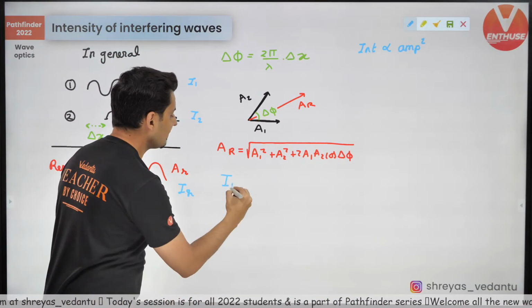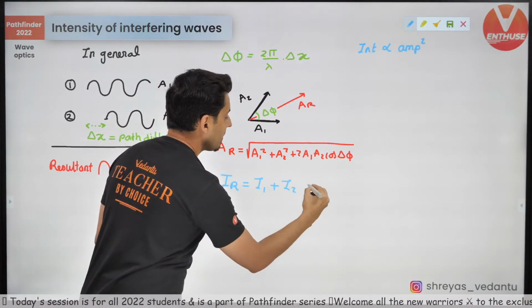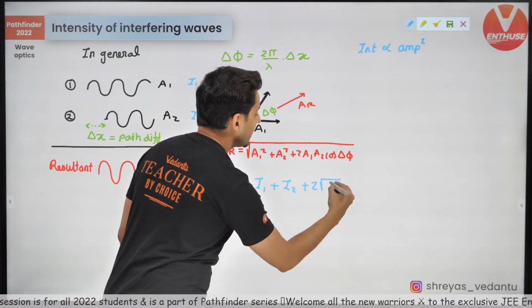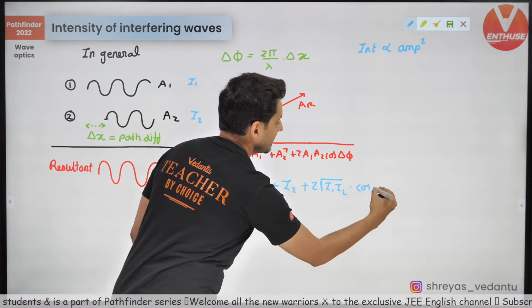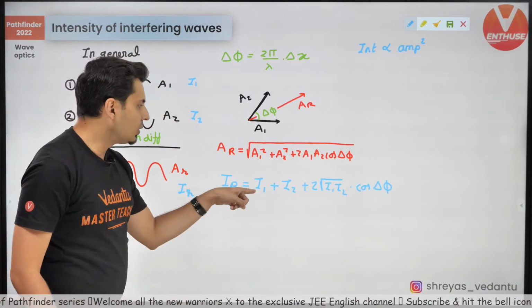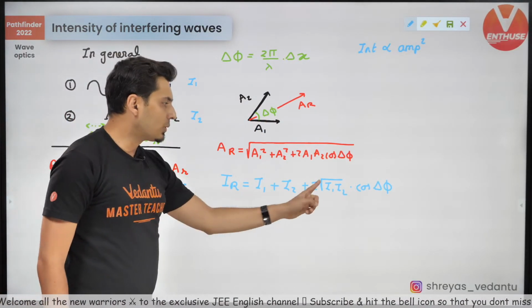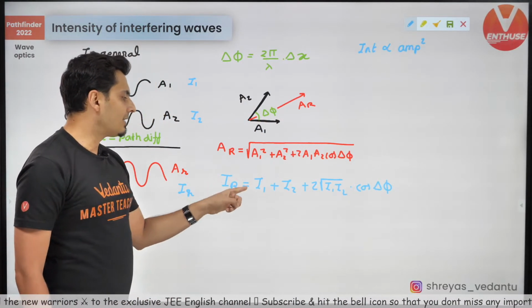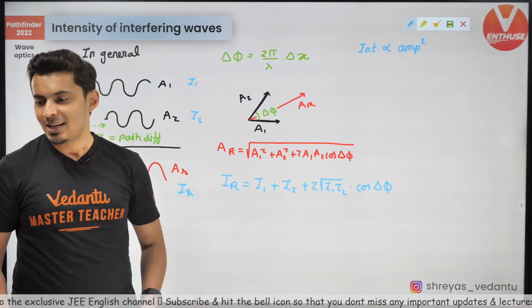The intensity of the resultant wave is I1 plus I2 plus 2 root I1I2, and outside the root you have cos del phi. It's very, very similar, but you do not have the big root outside. The root is only there over here. IR is I1 plus I2 plus 2 root I1I2 cos del phi. Very, very important.